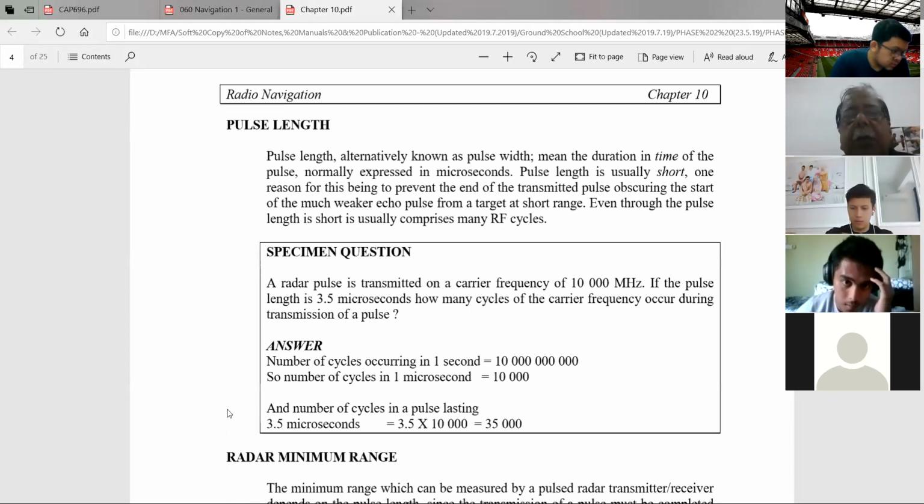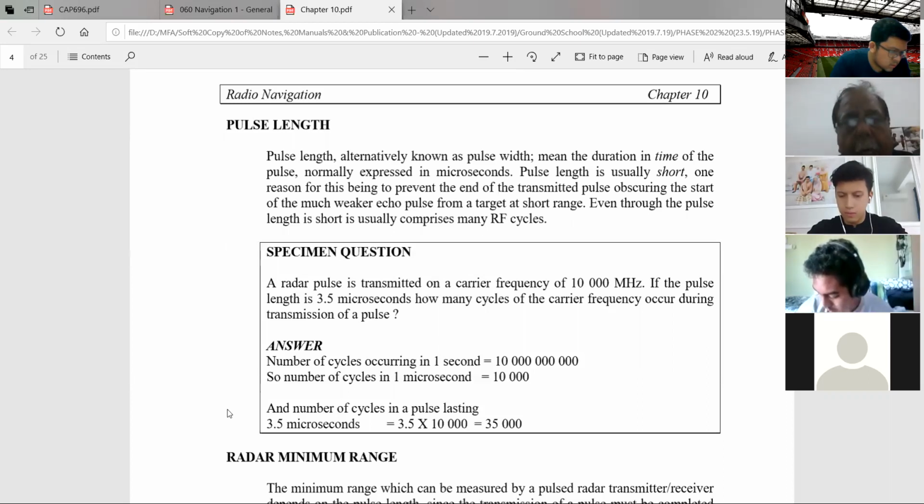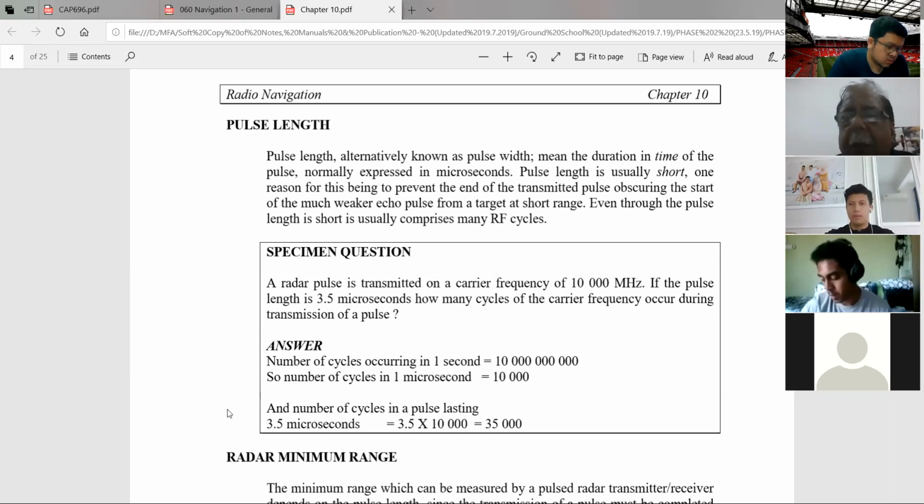We use a unit which is called microsecond. 1 second is equal to 10 to the power 6 microseconds.